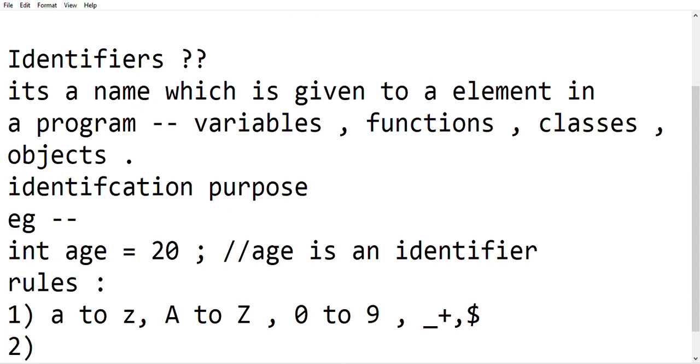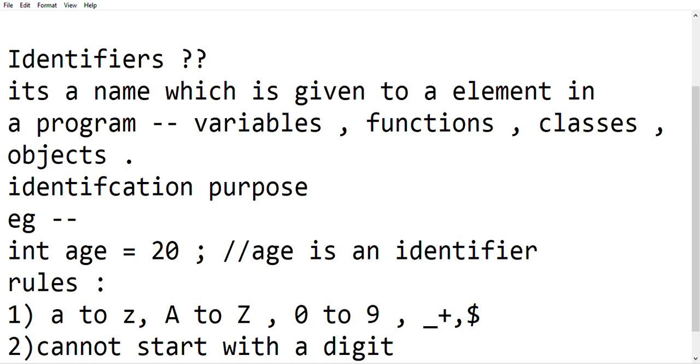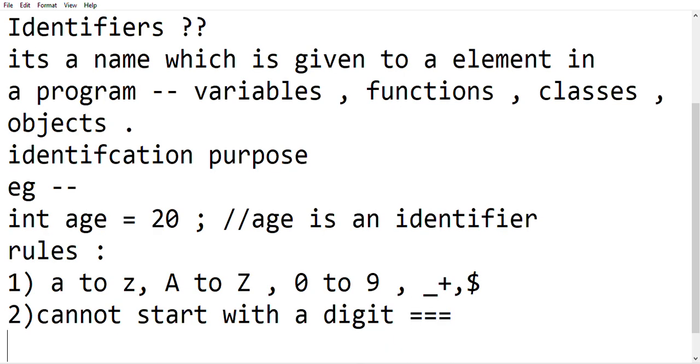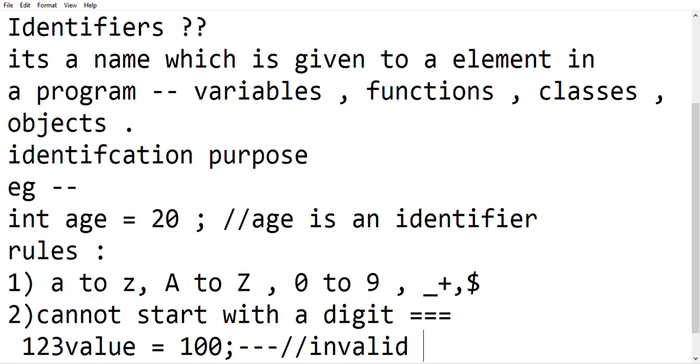The second rule is they cannot start with a digit. If you write the identifier as 123 and you store some value like 100 inside it, this is invalid.